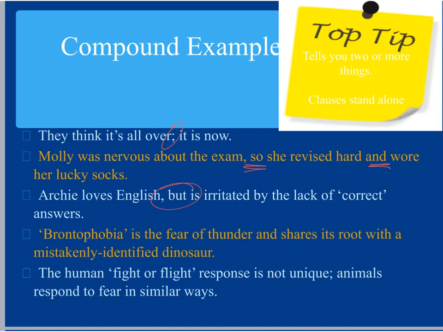Brontophobia is the fear of thunder and shares its root with a mistakenly identified dinosaur. The human fight or flight response is not unique. Animals respond to fear in similar ways. All of those have got ideas that are joined together legitimately by either a proper bit of punctuation or a proper connecting word.